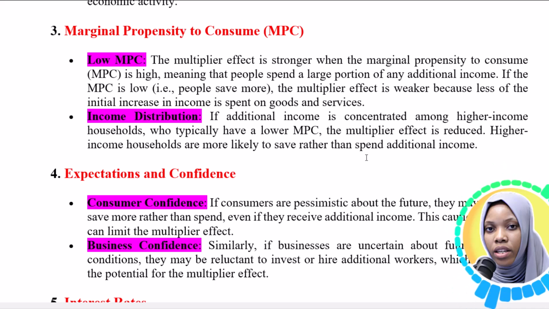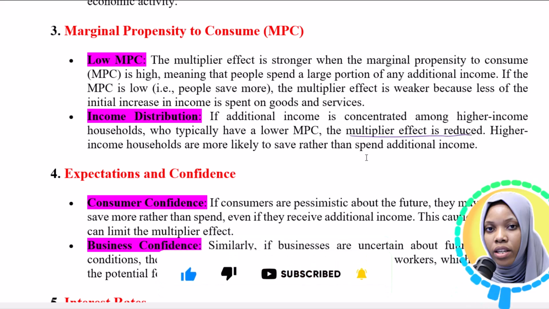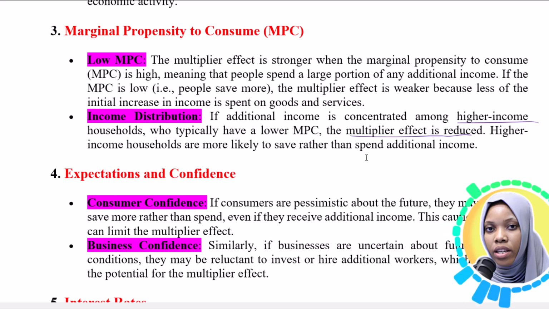And income distribution is also under the marginal propensity to consume, and we say if additional income is concentrated among higher income households who typically have a lower marginal propensity to consume, the multiplier effect is reduced due to higher income households who spend less.